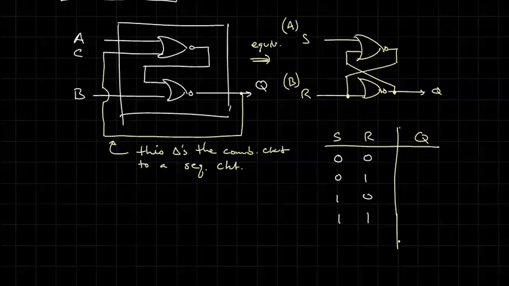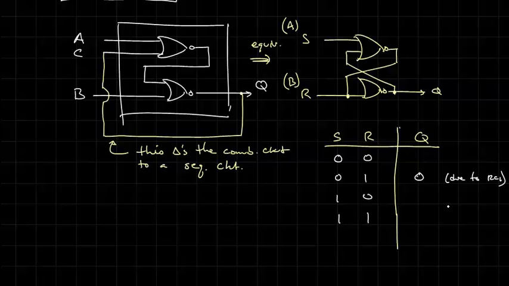And so if R is high, if R is 1, then the output of that NOR gate being Q is going to be low. So this will be low. This is due to R equal 1.